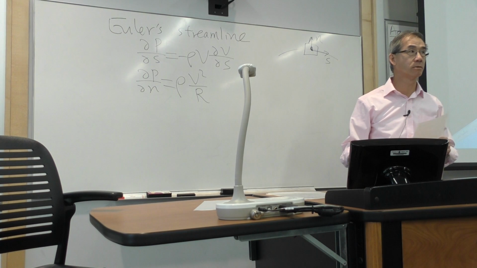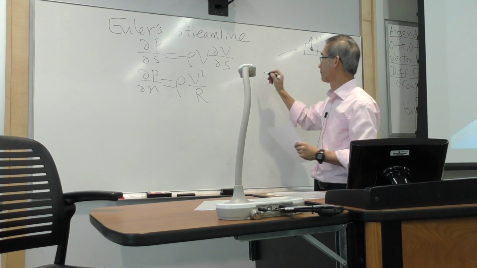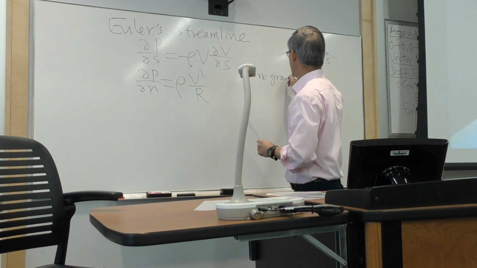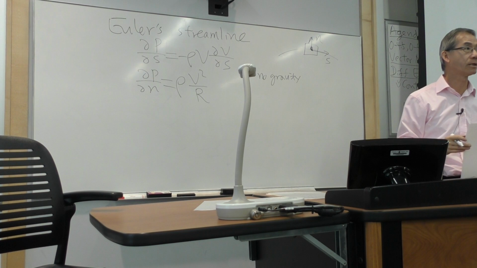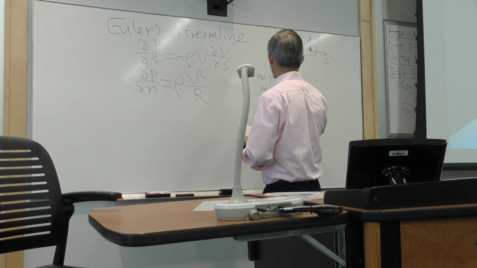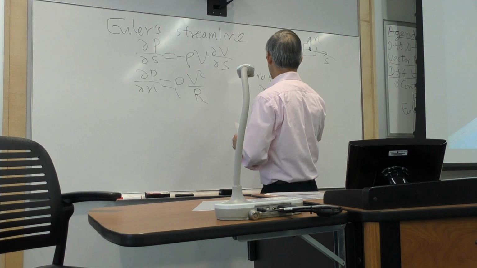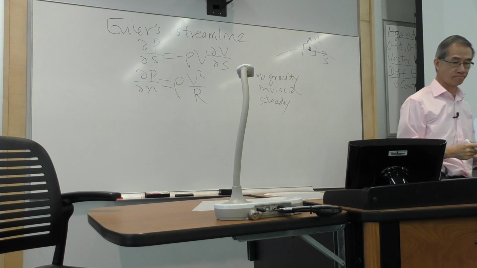Anyone remember what they are? Of this Euler's equation? Low gravity. Just to keep the algebra simple. What else do I assume? Inviscid, yeah, by definition, Euler is inviscid and steady. So we have this equation.